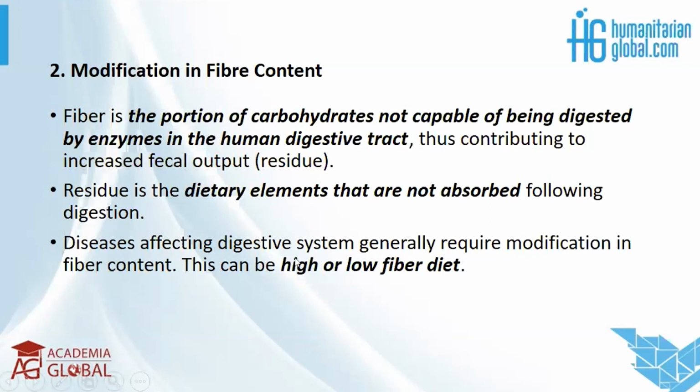Now, the diseases affecting digestive system generally require modification in fiber content. You know, the GIT system is the one that is involved in the digestion of foods. So diseases that affect that are the ones that may require the modification of fiber.